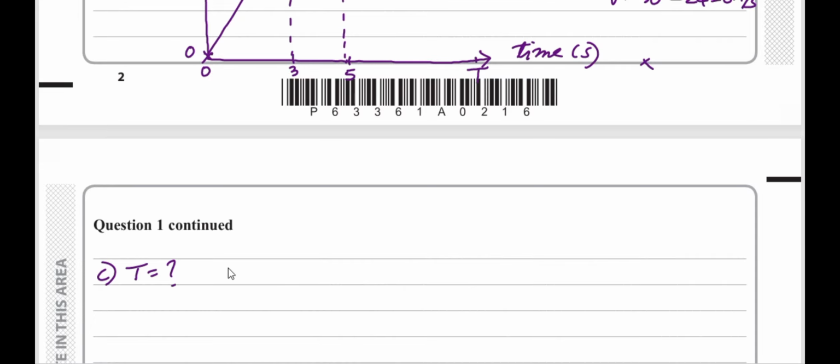So we will write the total displacement or the distance traveled is 550 meters is equal to the area under the velocity time graph.